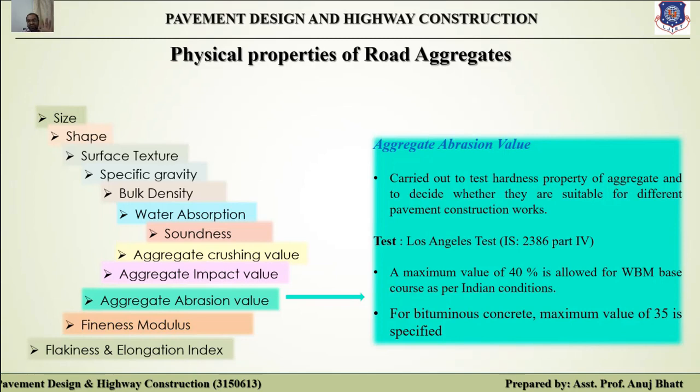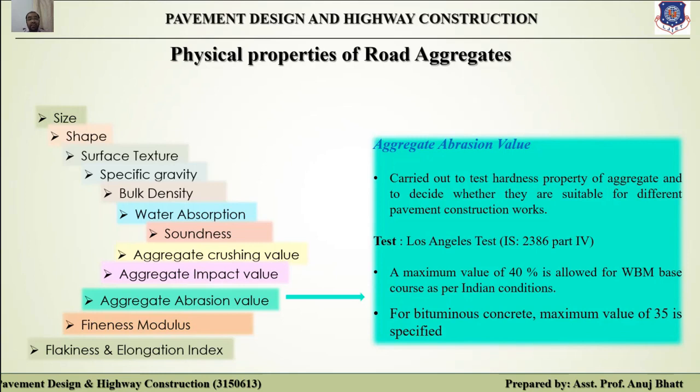The principle of the Los Angeles abrasion test is to find the percentage of wear due to relative rubbing action between the aggregates and the steel balls used as an abrasive charge. You put some steel balls with the aggregates, and then you roll the drum a few times.